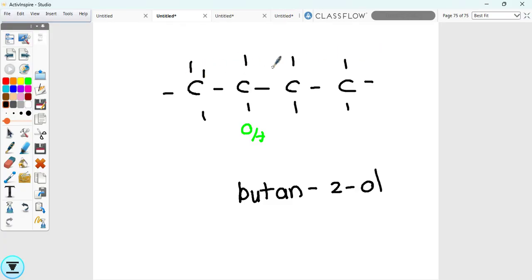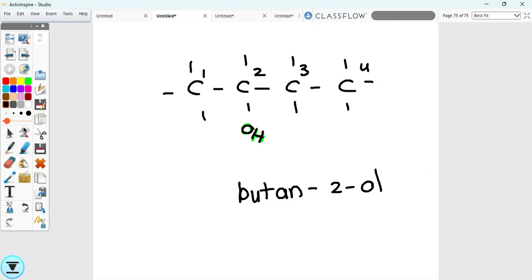Ah, that's why I said it's a trick question. 1, 2, 3, 4. So what is the name? It's still butan-2-ol. So is it an isomer? Do they have a different structure? They really don't.